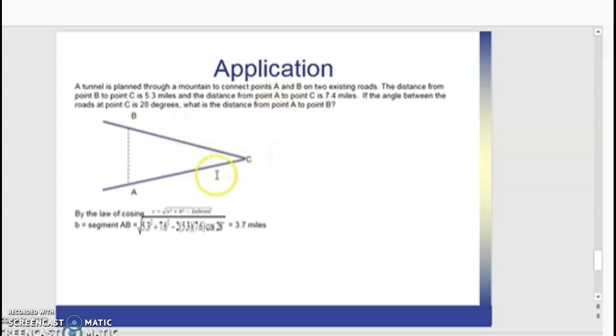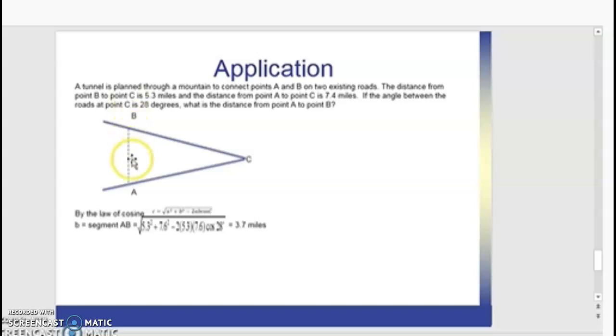And the distance from point A to point C is 7.4 miles. If the angle between the roads at point C is 28 degrees, what is the distance from point A to point B?